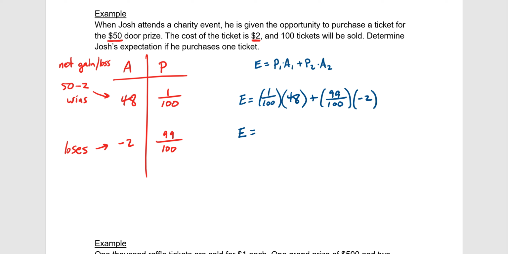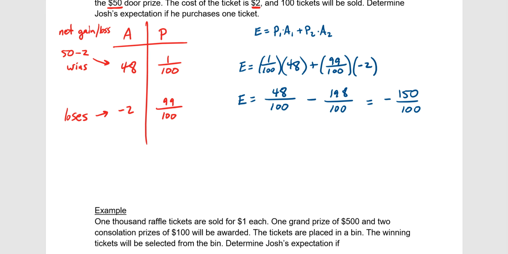So if we multiply this out, we get 48 over 100 minus, because of the negative, minus 198 over 100. We subtract them and we end up getting -150 over 100.